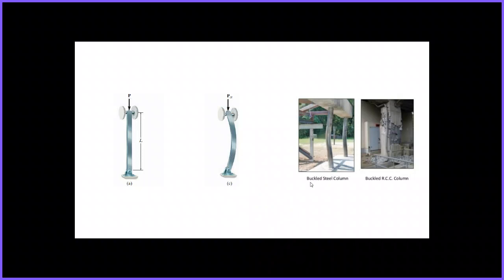As you see, this steel column bent in a lateral direction, and this is also bent. What happens is the structure gets weak, or the load is more than a particular value which is called the critical value. I will discuss the critical value later, and as a result it gets buckled.